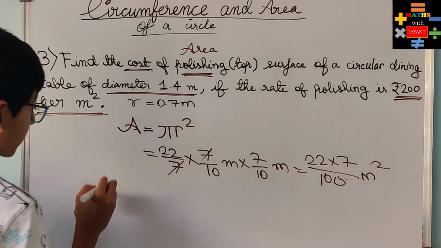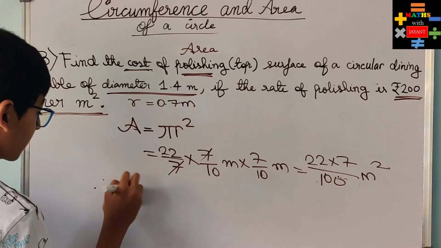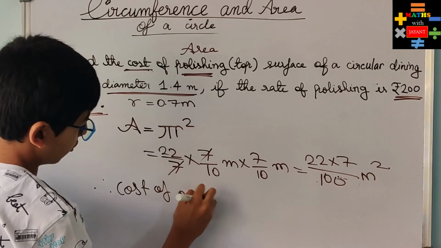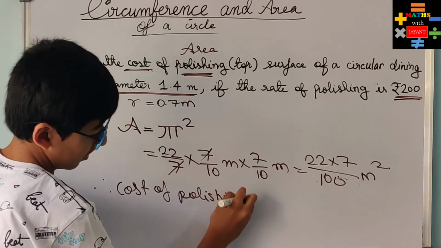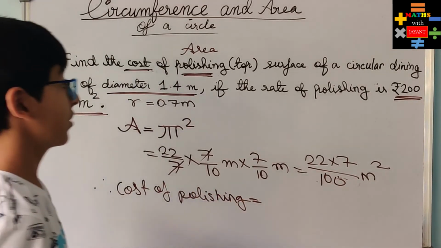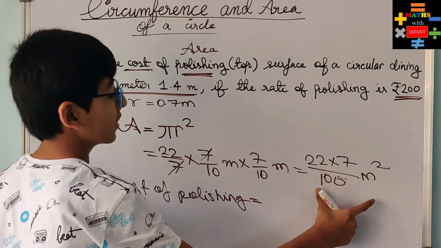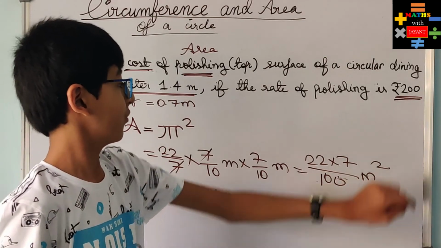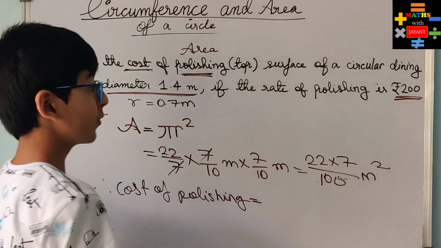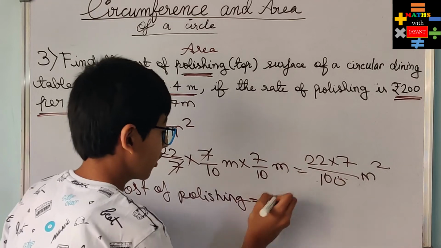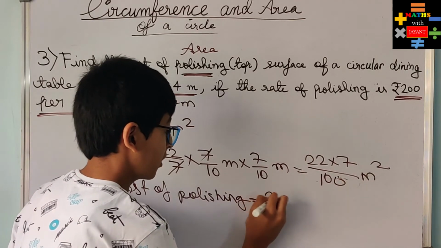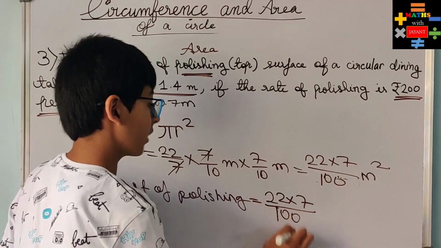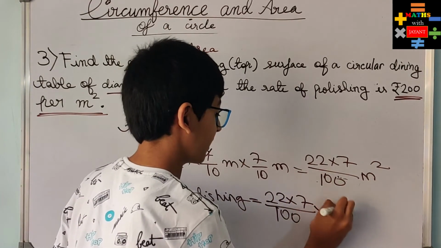Now cost of polishing, right? So how do we find the cost of polishing? What we will do is, we will find the area multiplied by 200, because if 1 meter square is 200, then this much meter square would be this much into 200. So cost of polishing will be 22 into 7 by 100, into 200.